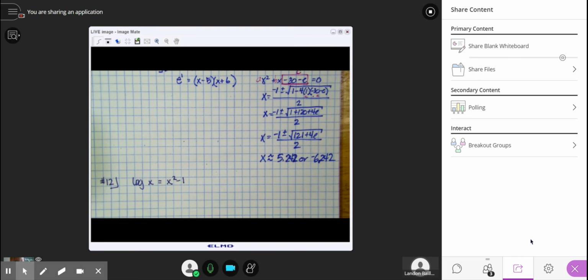Did I get that right? Does that one say to solve graphically? Or use a graphing device?